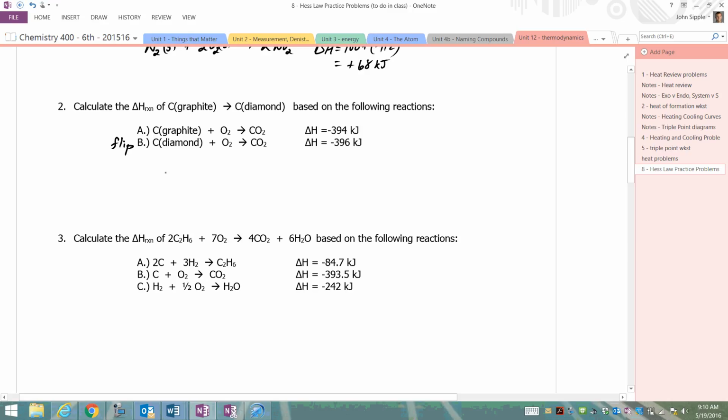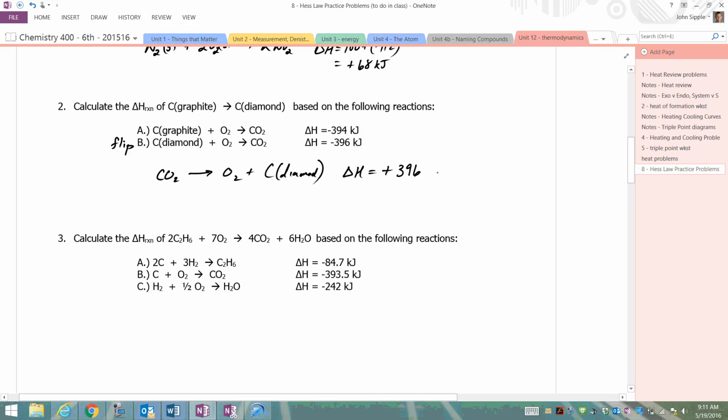So I'm going to rewrite it as CO2 going to O2 plus C diamond. And the delta H value, because we flipped it around, changes sign.